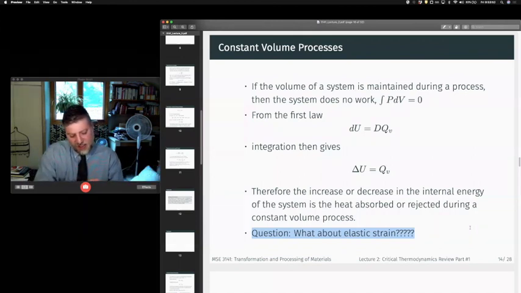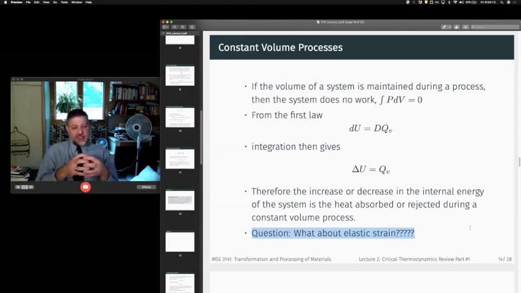Then we increase the pressure and squish it back down for a constant volume process. Now our internal energy is going to increase because of the energy of the elastic strain put into all of those bonds.